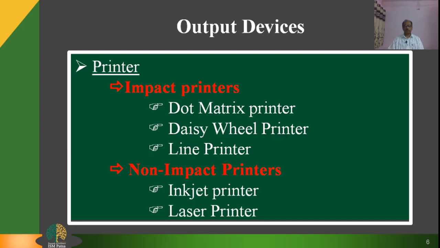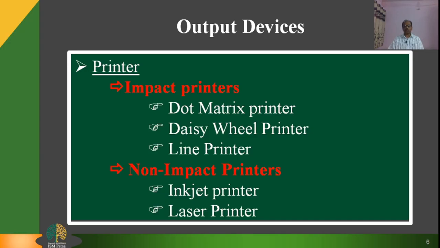And one more printer in this category, that is line printer. Line printers are also impact printers. These printers print one line at a time. There are two types, drum or barrel printer. In this, characters are mounted on the surface of the drum.